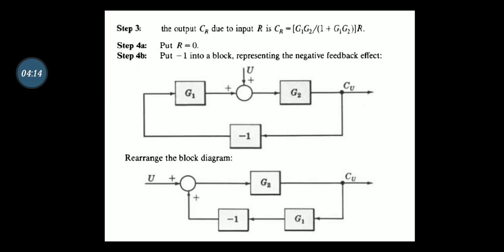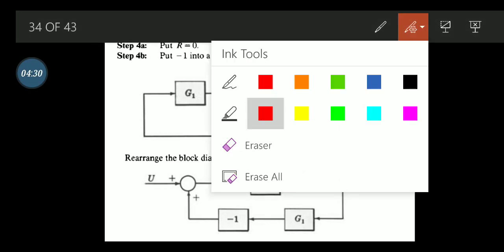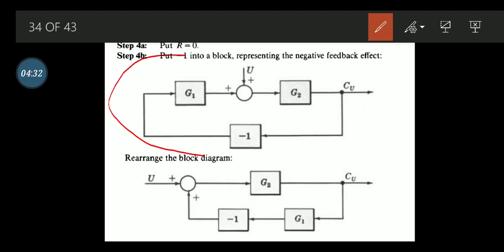Now next step, put R equals to 0. This is step number 4A. So we put R equals to 0. Here we consider the input U alone. In this case the equivalent block diagram is represented like this.